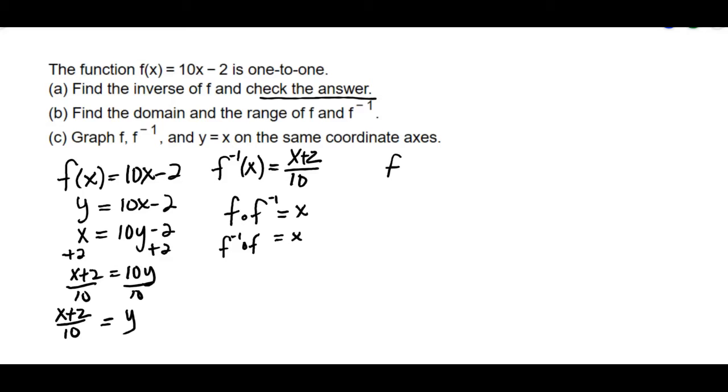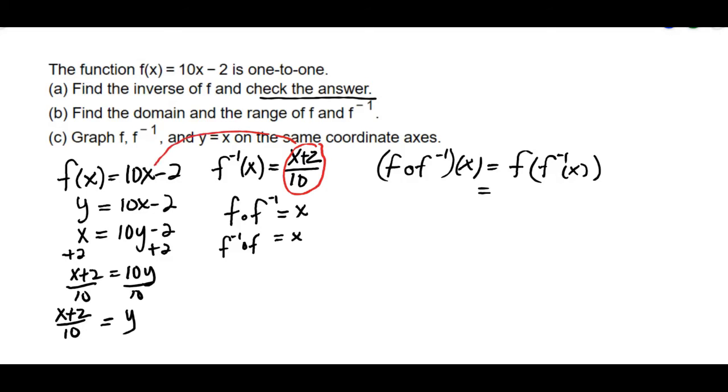So we'll start by calculating f composed with f inverse. This is substituting f inverse inside of f. So we're substituting the inverse in for x.